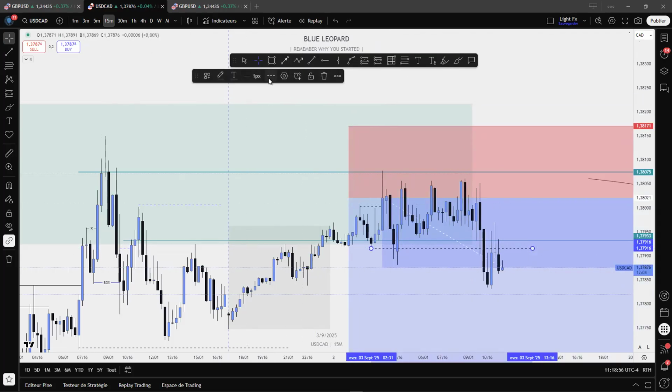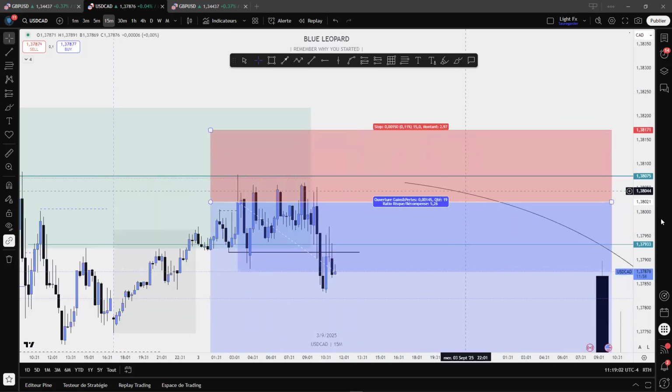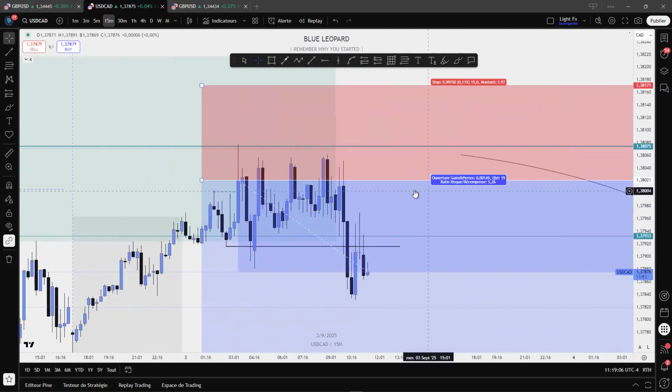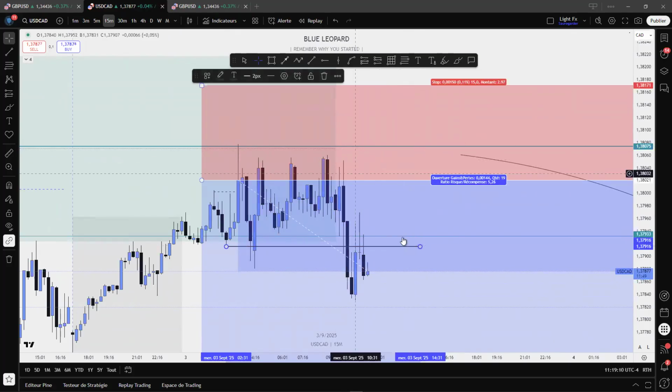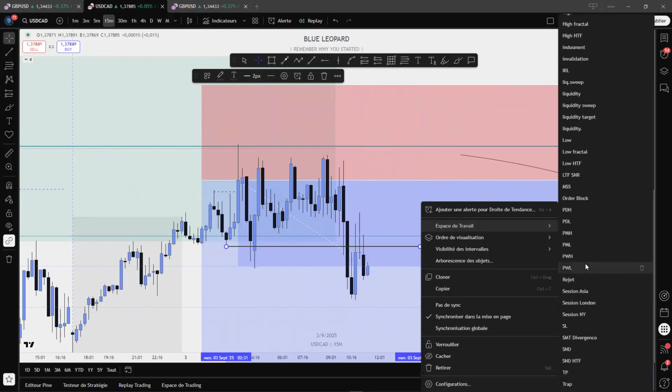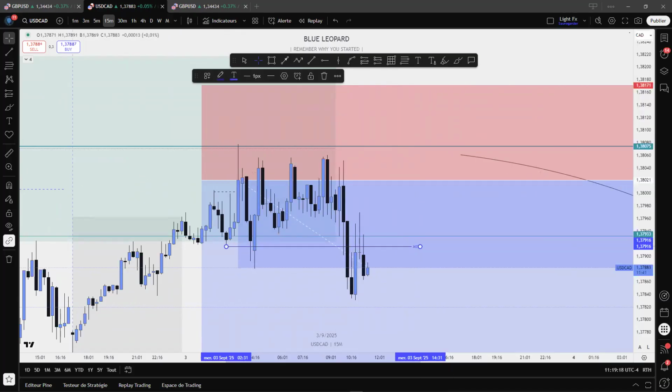So I'm going to take a trade on USDCAD. Okay, we just had a rejection, and why is that? Before we break this level, okay, this is the market structure shift. It's my market structure shift, the confirmation of the direction I'm taking.